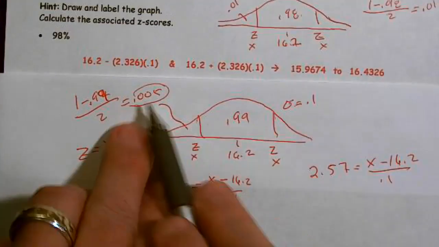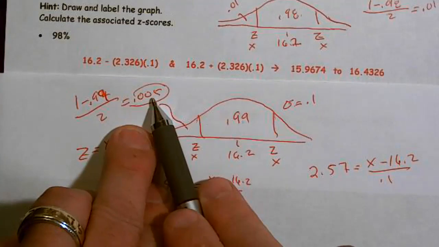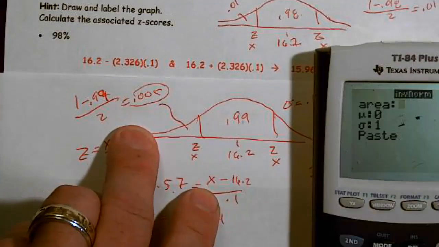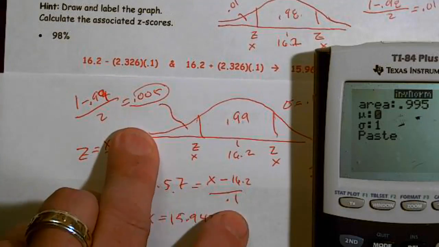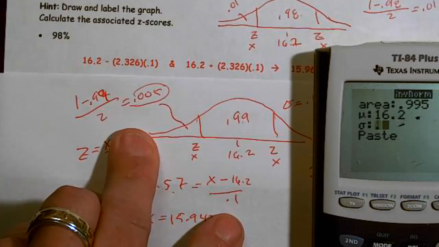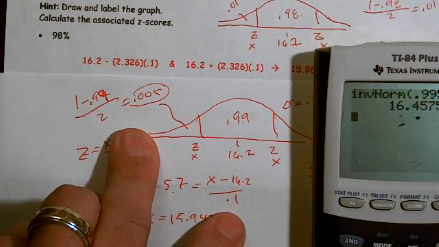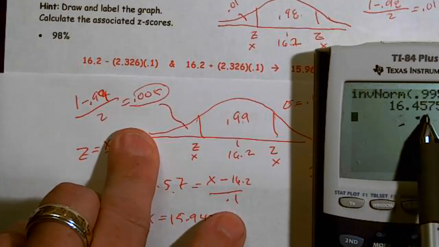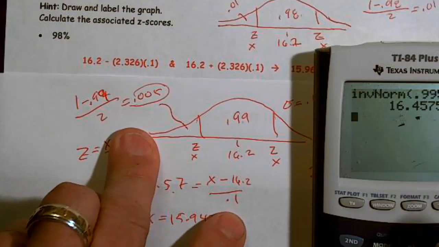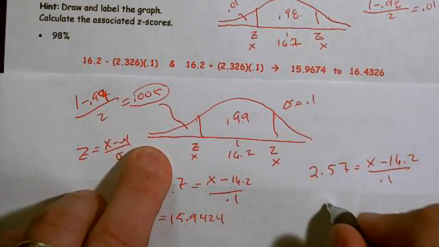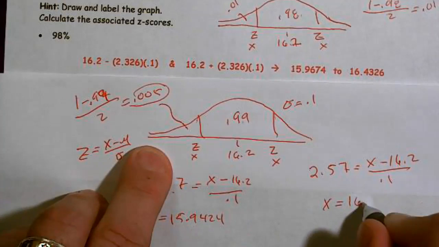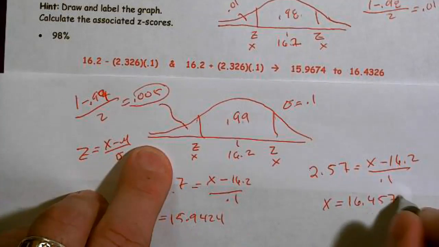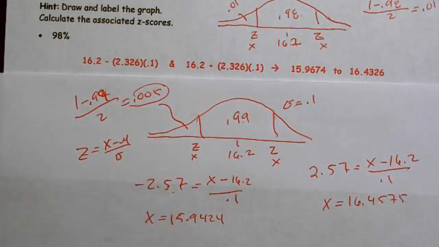Well, my area is 0.99 plus the 0.005. So my area is going to be 0.995. My mean is going to be 16.2. And my standard deviation is going to be 0.1. We end up getting 16.4575. So x equals 16.4575. So this is my lower bound, this is my upper bound.